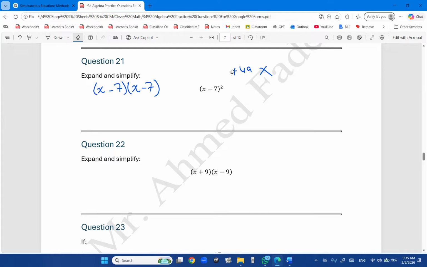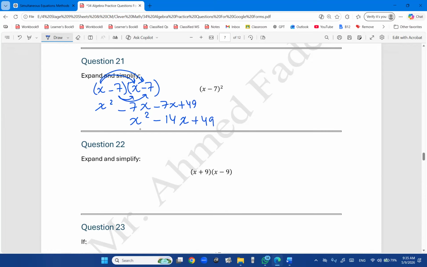X minus 7 all squared just simply means x minus 7 multiplied by itself. So now expand the brackets with the same technique exactly. X squared minus 7x minus 7x positive 49. So it is x squared minus 14x plus 49.